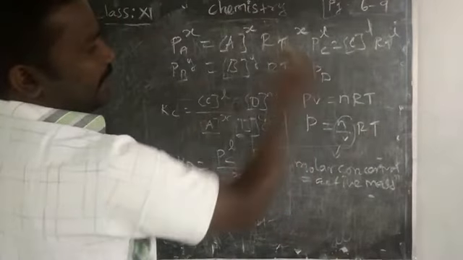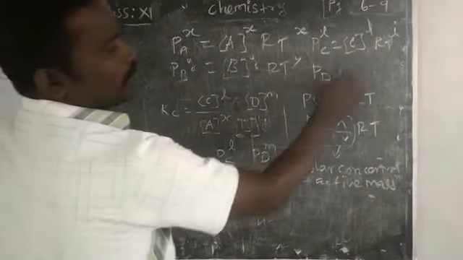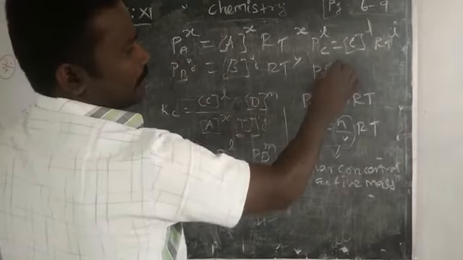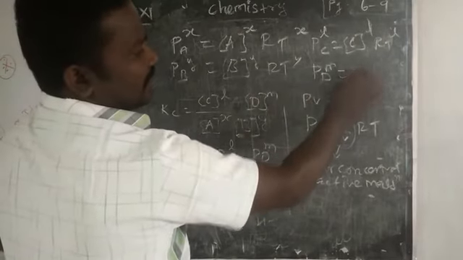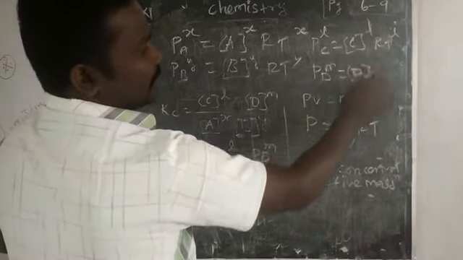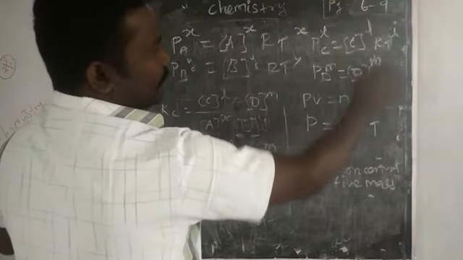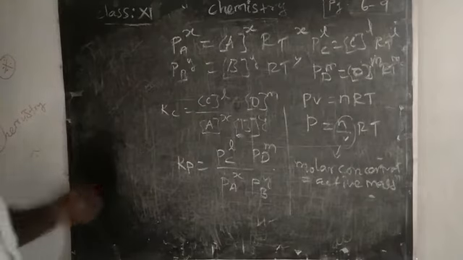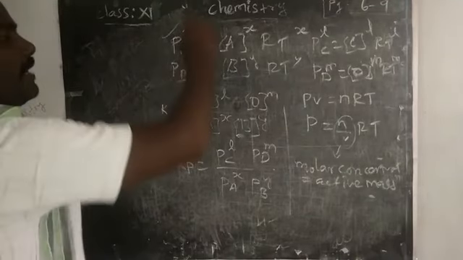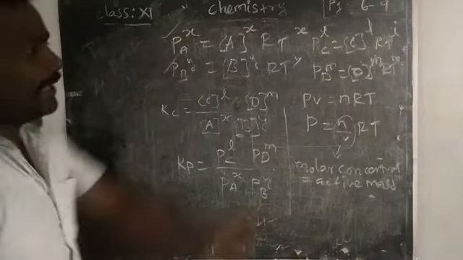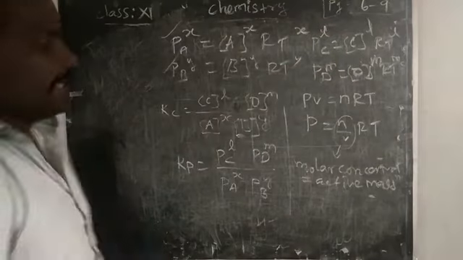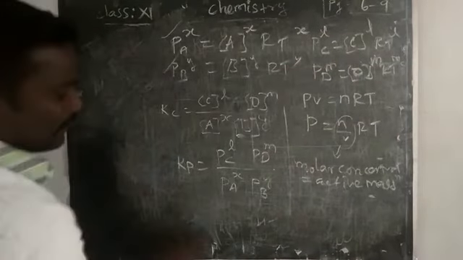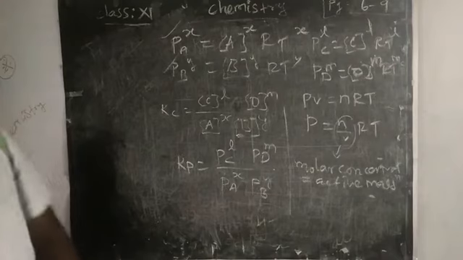The same way P of D is concentration of D power m, RT power m. Now we have P of A power x, P of B power y, P of C power l, P of D power m. All these values you can apply in this third equation.